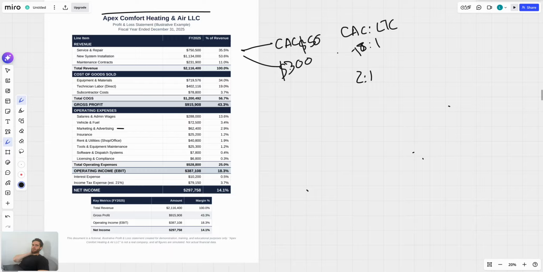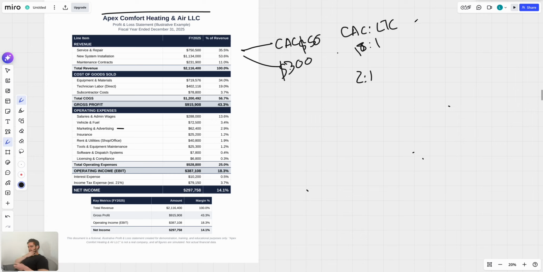So every $1 we spend on marketing over, say, 12 months, we get $10 back, rather than this offer, new system installation, where for every $1 they put in, they only get $2 back. So that's an interesting one to know.